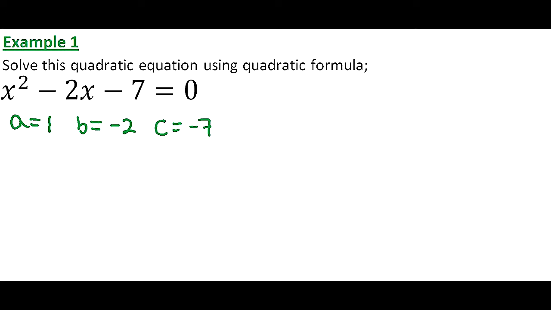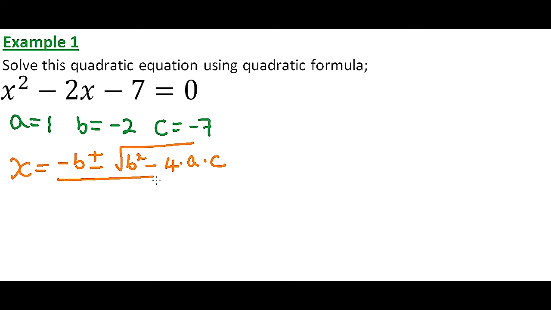We have derived the quadratic formula, and the quadratic formula is written like this. It is important you master this formula. x equals minus b plus or minus the square root of b squared minus 4 multiplied by a multiplied by c, all this divided by 2a.